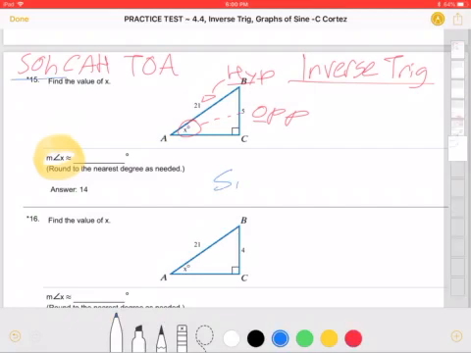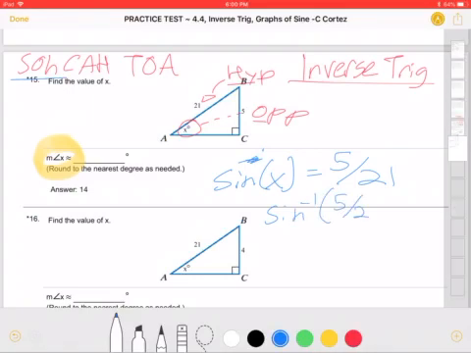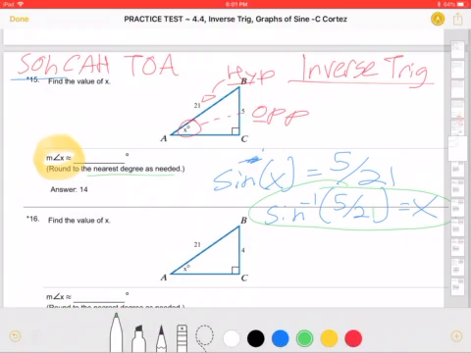So we can say that sine of x is going to equal 5 over 21. So that implies that if we were to take sine inverse of 5 over 21, that equals x. So do that. Use your calculator. And recall you're rounding to the nearest degree. So your calculator would take care of the work here.